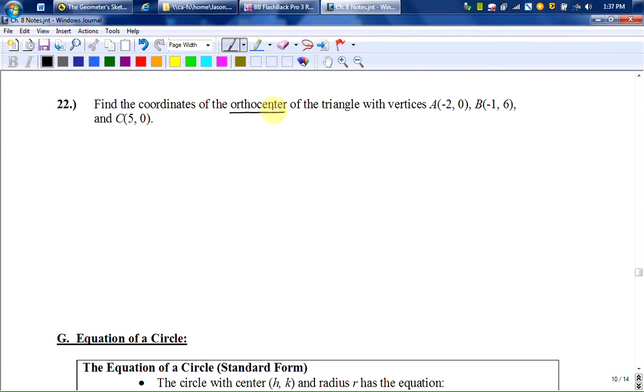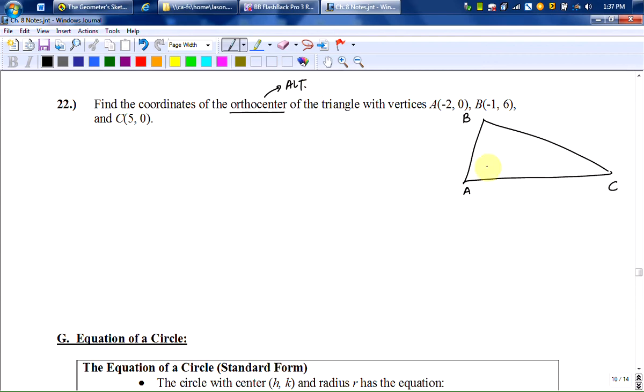In this problem, I want to find the coordinates of the orthocenter for some triangle ABC. Again, I like to sketch a picture like I did on that challenging centroid one, keeping in mind that orthocenter deals with altitudes.